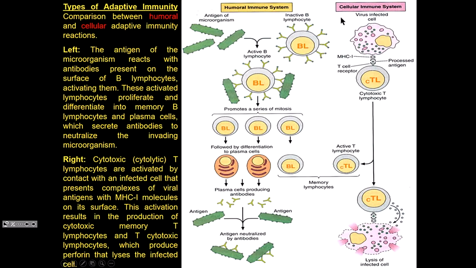The other form of acquired immunity is cell-mediated immunity. In this particular case, it involves cytotoxic T lymphocytes, which have on their surface a receptor complex which can come into contact with a cell, like in this case, a normal cell that has been infected with these viruses, these little green dots of viruses.